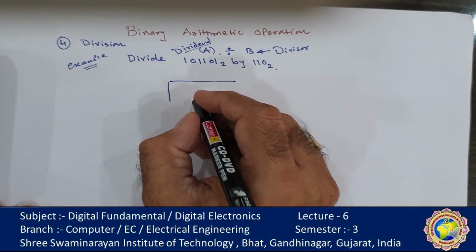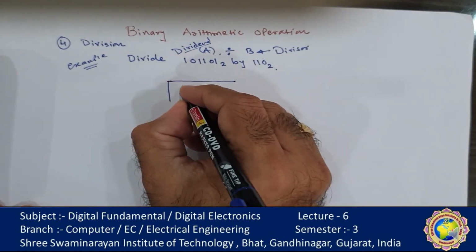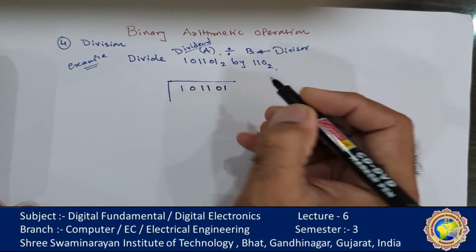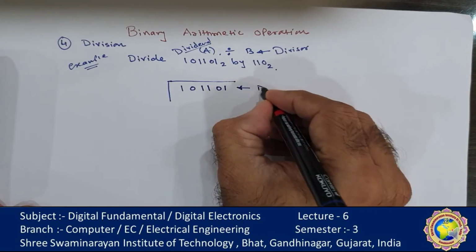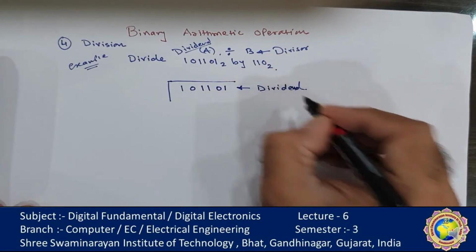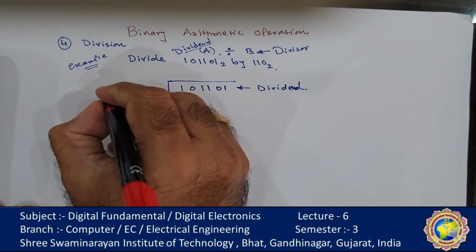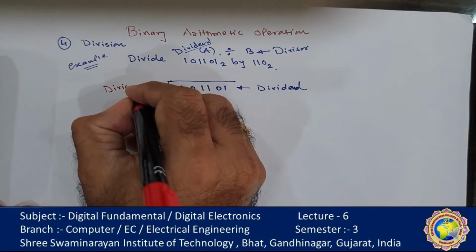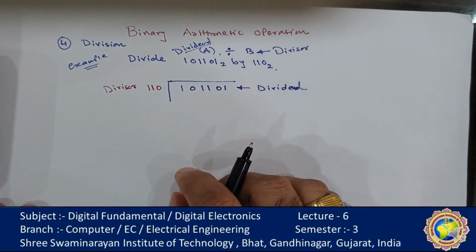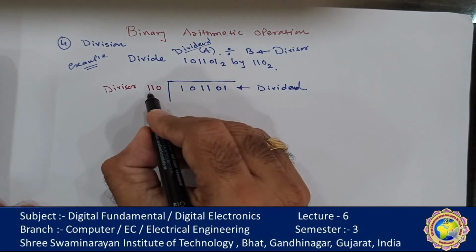Here, in the method which we learn in school, first we write down the dividend 1 0 1 1 0 1. And the divisor is 1 1 0. Okay. Now compare 3 bits.